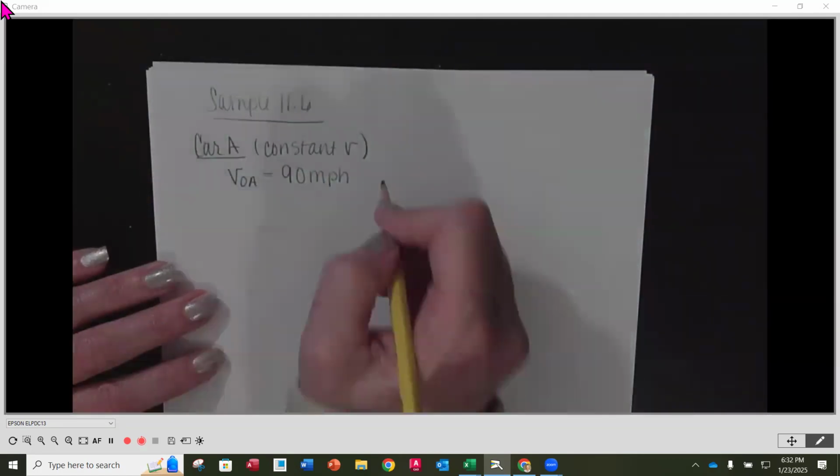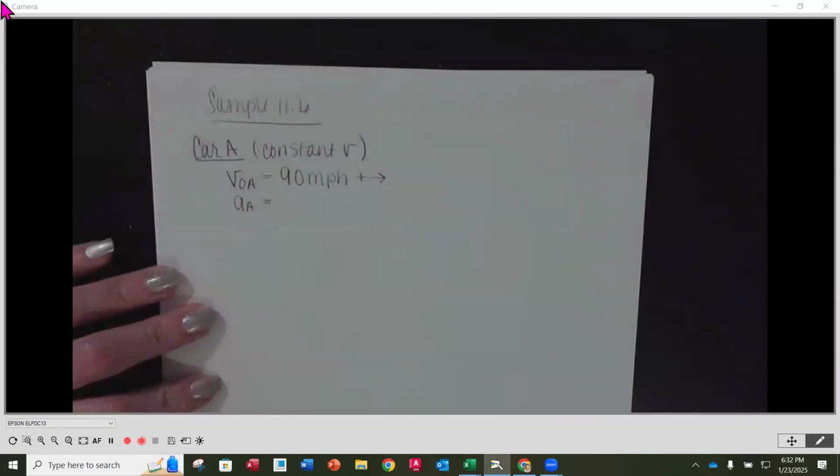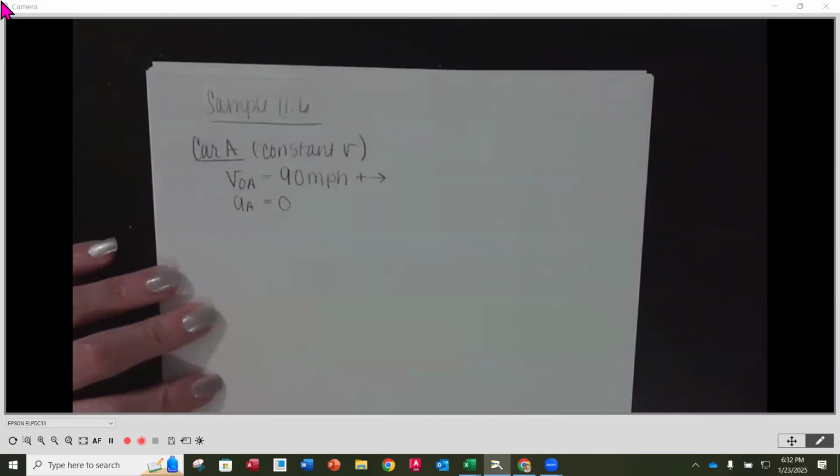And it is going positive because it's going to the right. So we're going to use that standard convention. Since we're in a horizontal motion, to the right is positive. Our acceleration of car A, because it's going at a constant velocity, is going to be 0.